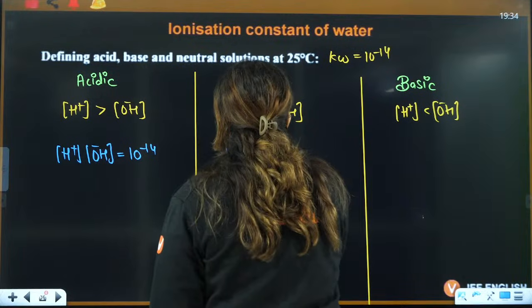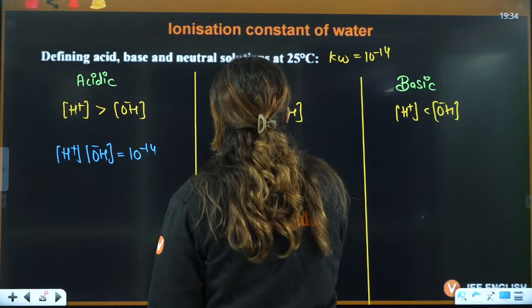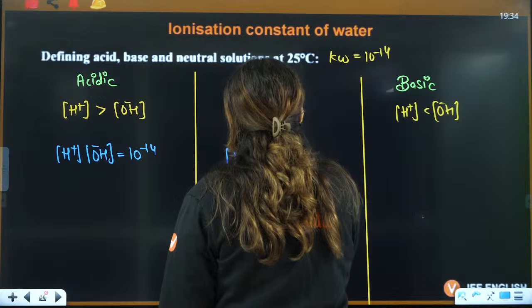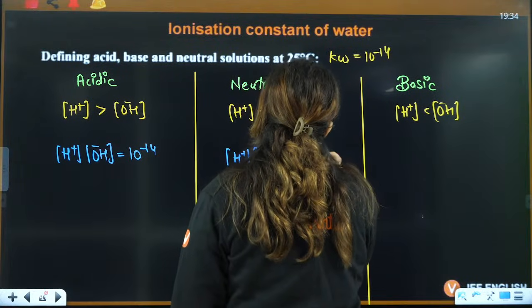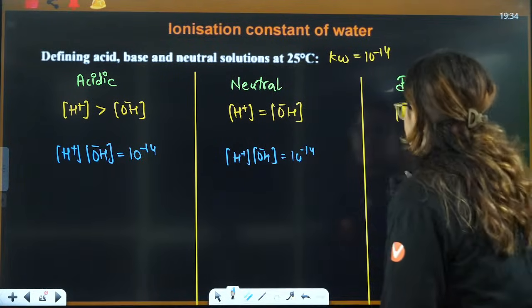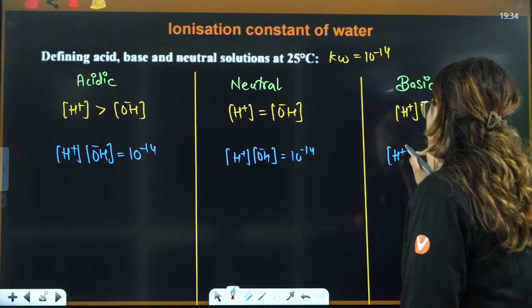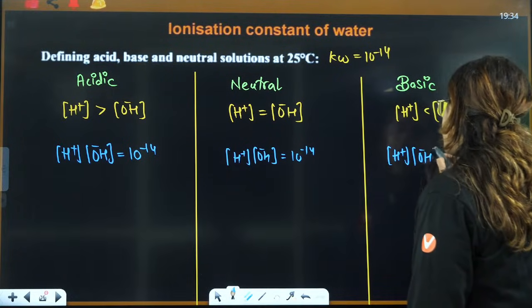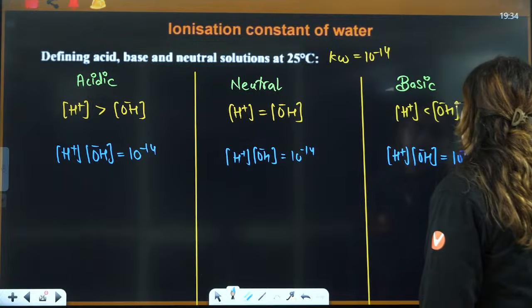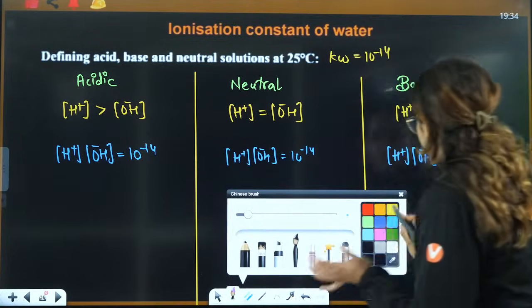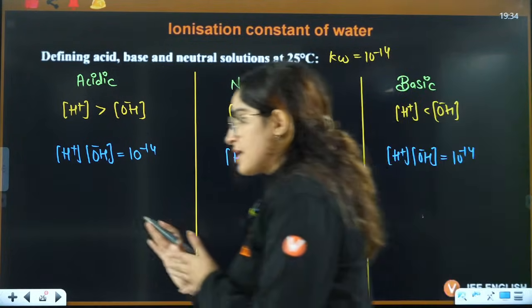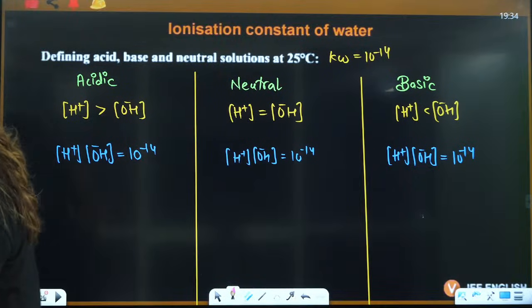H positive multiplied by OH negative is here also 10 raised to the power minus 14, because we are talking about 25 degrees Celsius. So it is fixed. It is not changing.